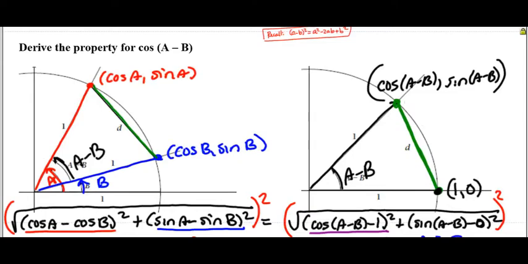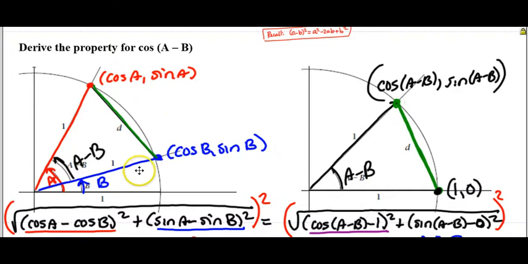Now the next thing I'm going to do is figure out what cosine of A minus B does equal. So I'm going to set up an angle A and an angle B, and then between them the angle A minus B. Angle A is this red angle here, and I can name the coordinates of its point where it intersects the unit circle as (cosine A, sine A), based on what I talked about earlier.